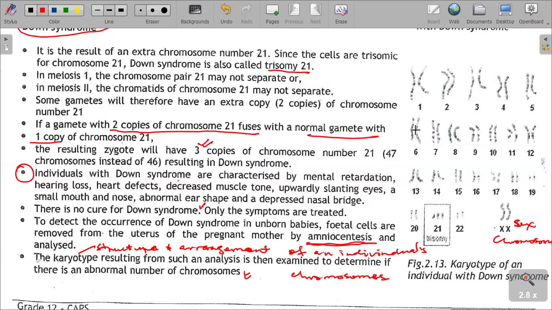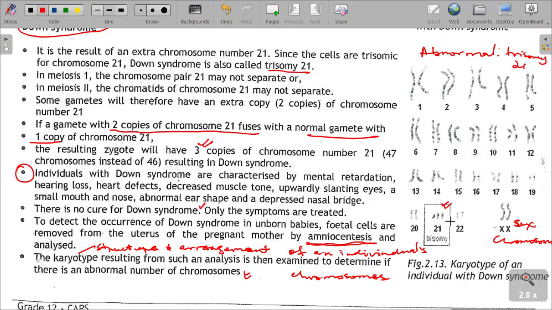When there are three copies of chromosome 21, it is an abnormal karyotype, or the person is abnormal, because we have trisomy 21. You can see trisomy 21 given here.